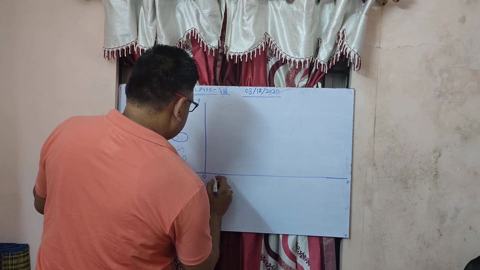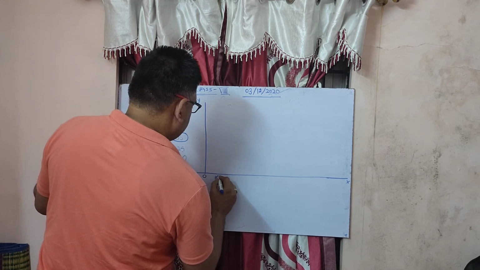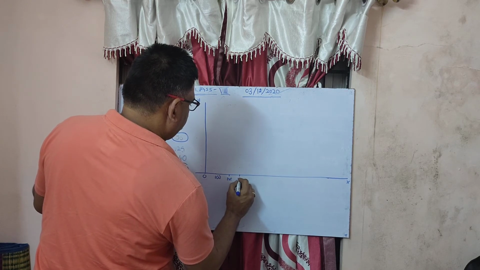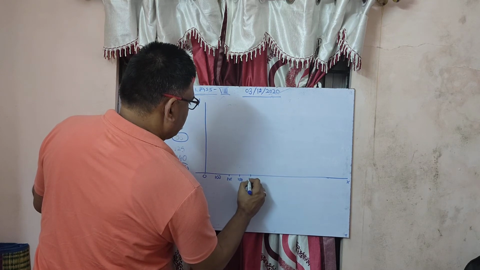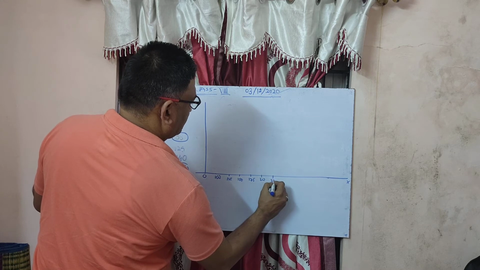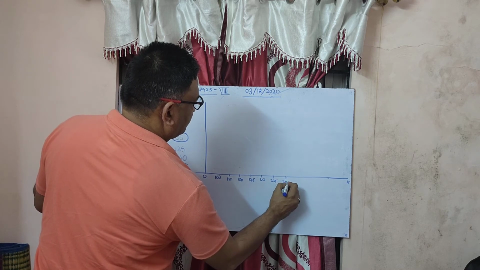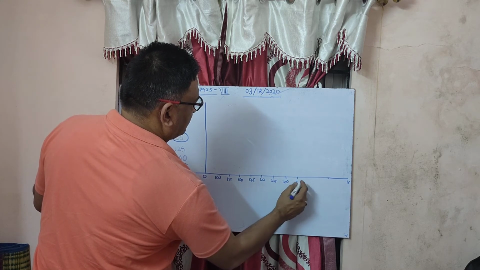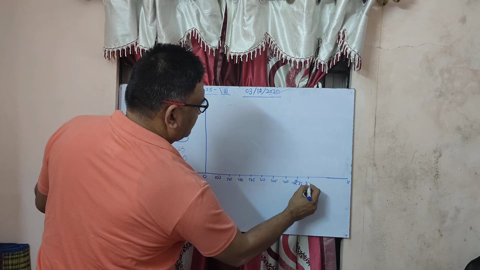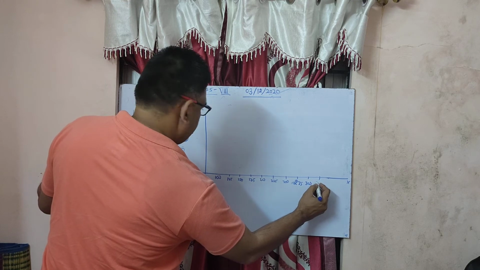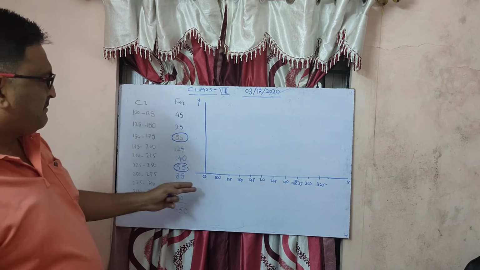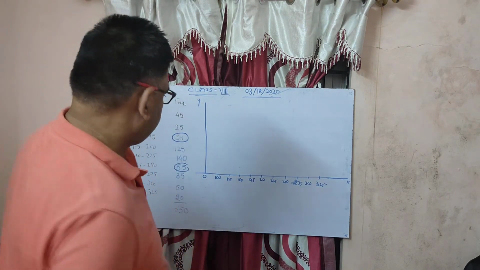Now this is 100, 125, 150, 175, 200, 225, 250, 275, 300, 325. Now numbers are continued here.